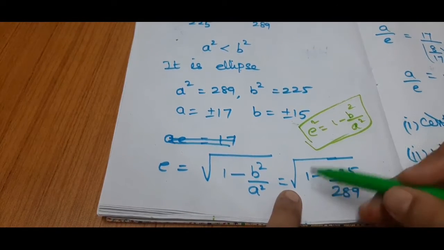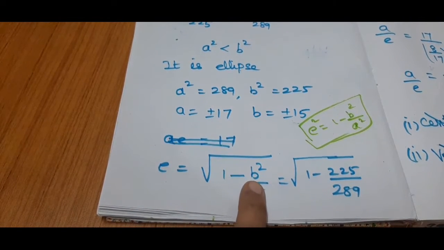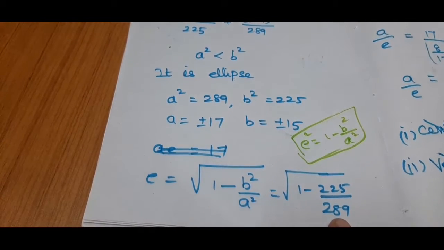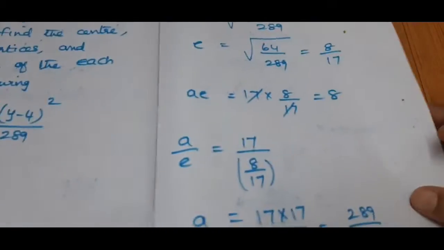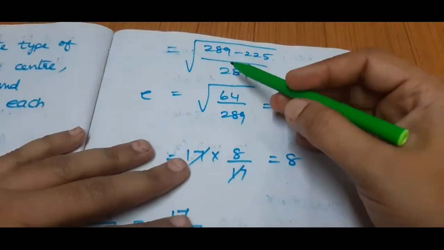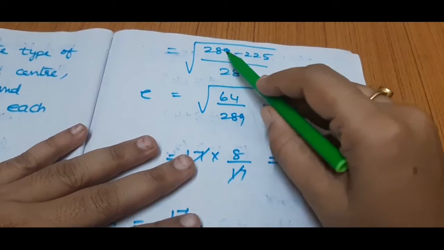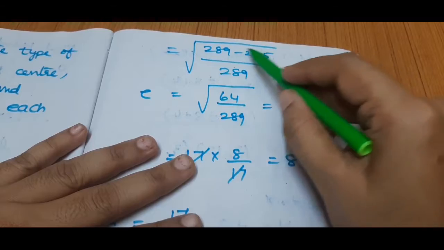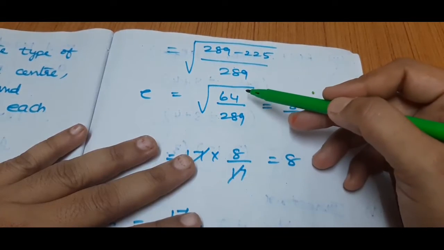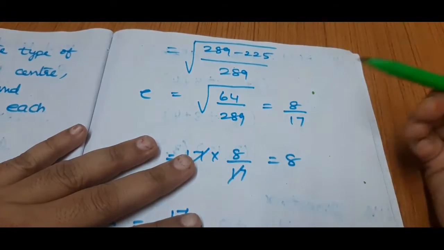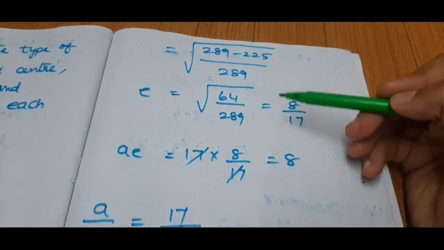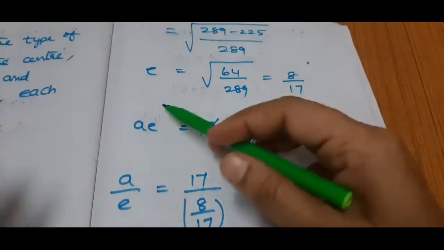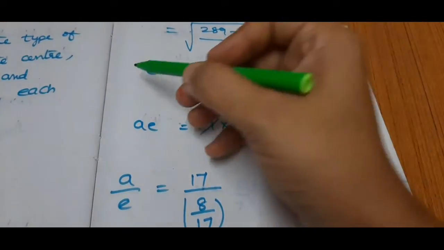That is 1 minus the value of b square, 225, by the value of a square, 289. Taking LCM as 289, I have 289 minus 225, and by subtracting these two numbers I will have 64 by 289. The square root of 64 is 8 and the square root of 289 is 17. So e will be 8 by 17.